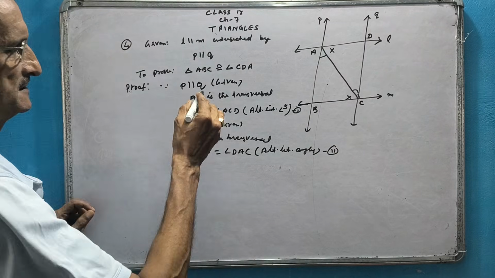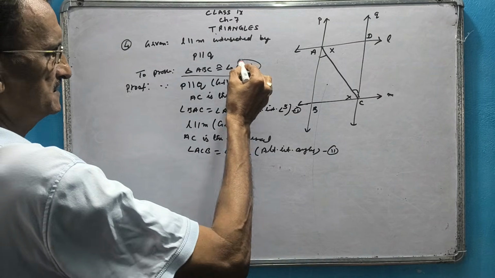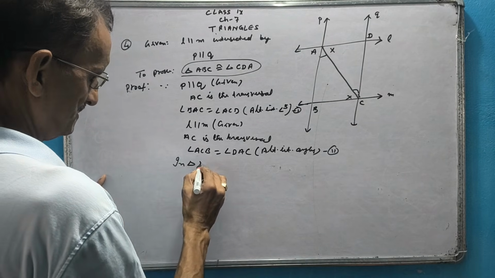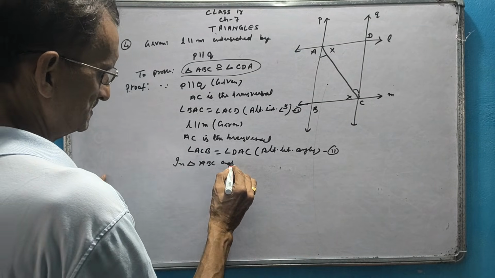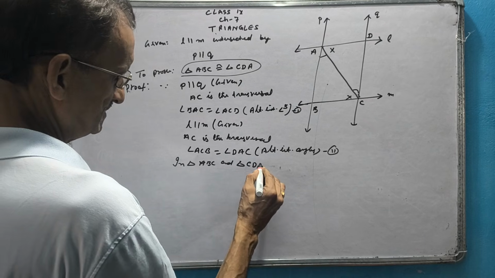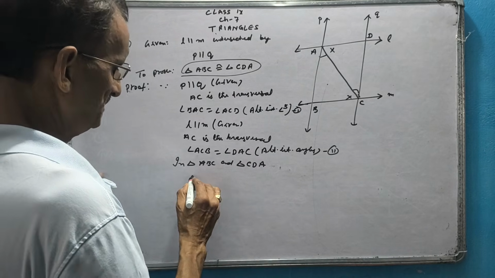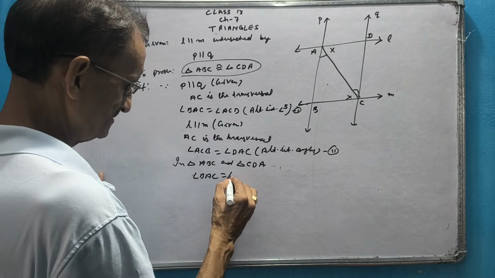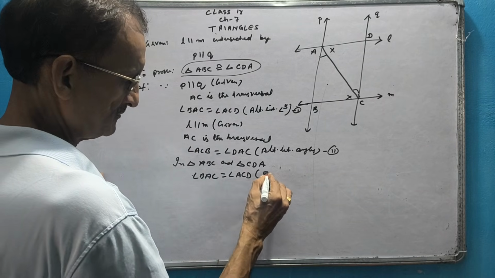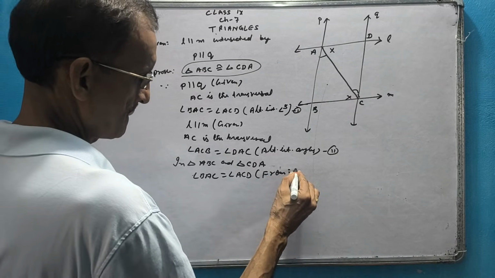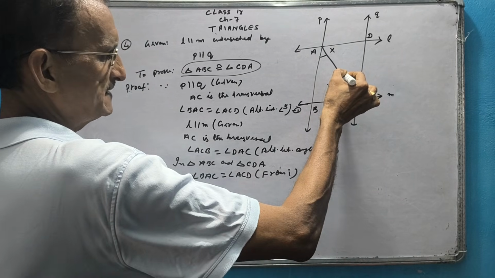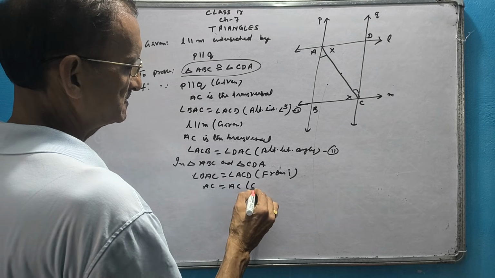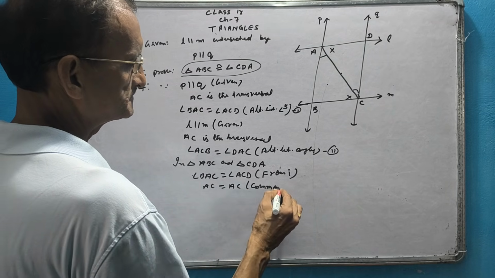Now, in triangle ABC and triangle CDA, we have angle BAC is equal to angle ACD from 1. And it is visible, no? AC is the common side. So you can write AC equal to AC, common side.